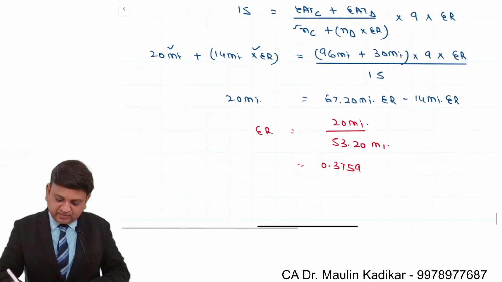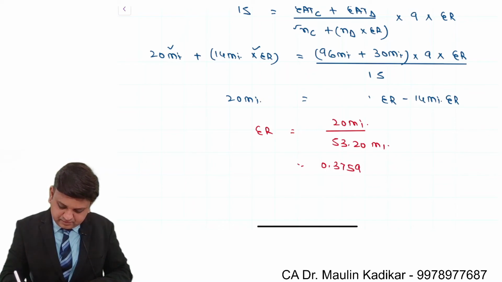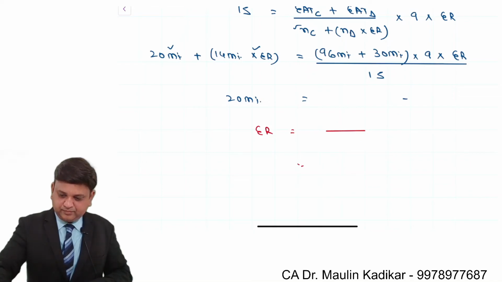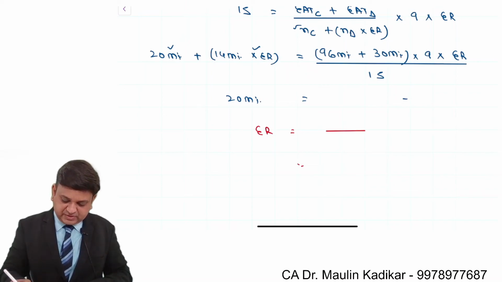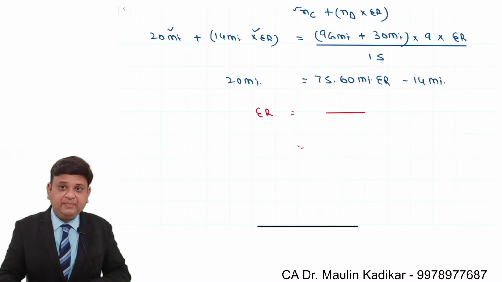So if there is a mistake on my end, this calculation is wrong. 96 plus 30, 126 into 9 upon 15, that is 75.6. Minus 14 million exchange ratio.